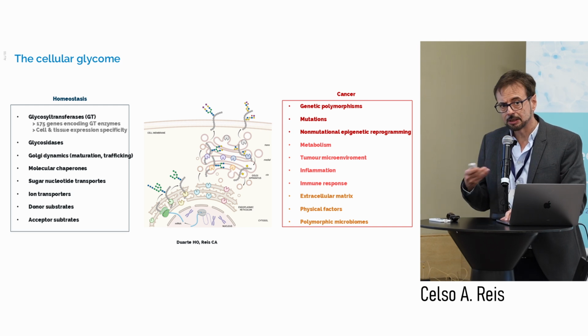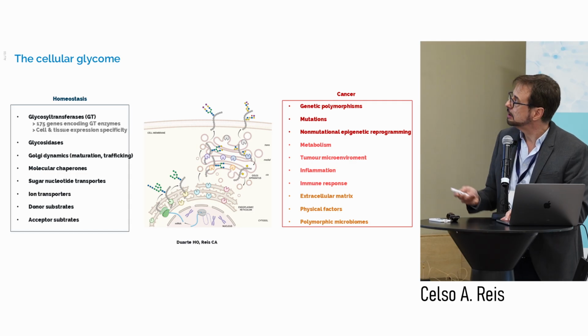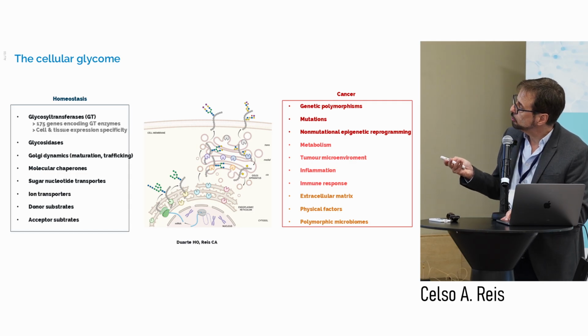And in cancer, there has been a lot of data demonstrating, with different levels of importance, mutations, epigenetic alterations, and also metabolic issues. We cannot forget, in the context of the tumor microenvironment, the inflammation and the immune response.